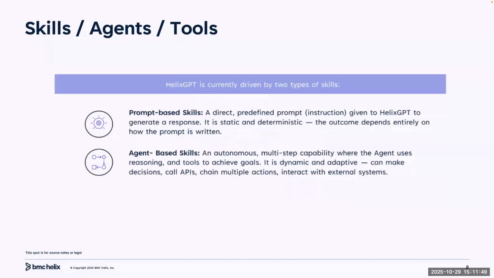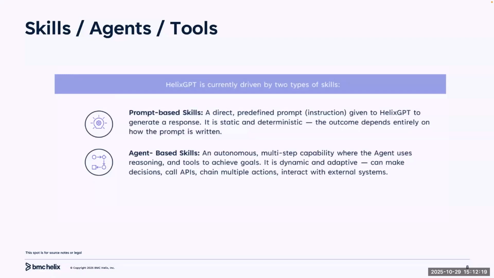A prompt-based skill has at least one prompt with an explicit phrase or a clear instruction for how to carry out the task, for example, how answers are returned and what sources to use to return those answers. An agent-based skill, on the other hand, does not have a prompt. It can have instruction, but it acts autonomously and uses one or multiple tools to carry out certain tasks.